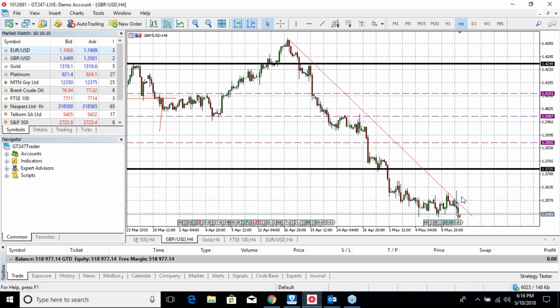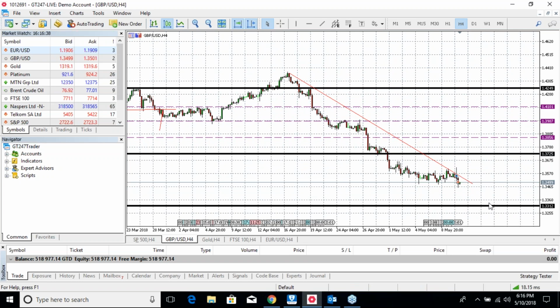However, if you have a look quickly, it has been consolidating since the 4th of May, 6 days rather. For the past 6 days, it's been consolidating sideways. However, previously on the 24th of April, it did consolidate sideways, and then it did also drop after that.